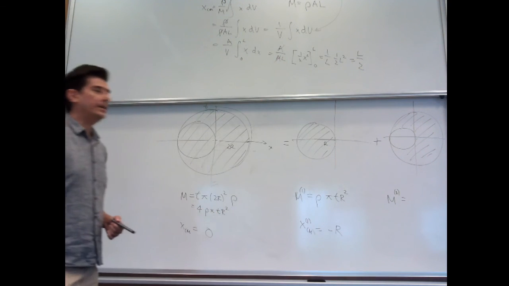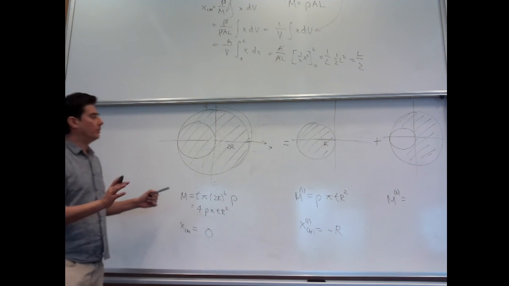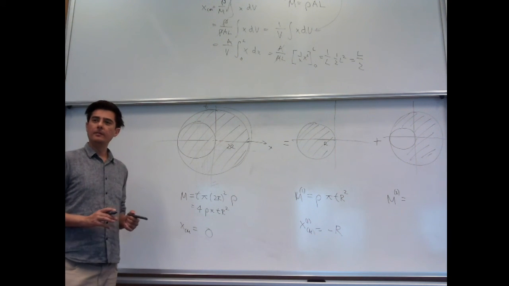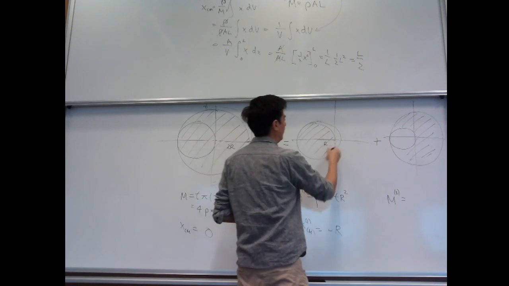And what's the mass of this second piece going to be? What's T? We don't know what T is, but don't worry about it. T is this thickness. The thickness is the same for all these things.